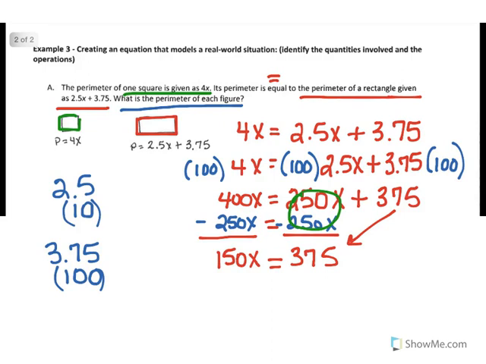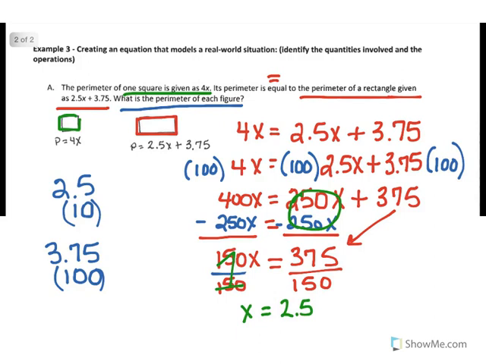Next, I have some numbers with the variables, so if I'm multiplying, I'm going to divide by the number that is with it. So I'm going to divide by 150 on both sides. When I do that, on the left, remember 150 goes into 150 one time, getting me 1x is equal to, and when I do the division on the right, I have 2.5.